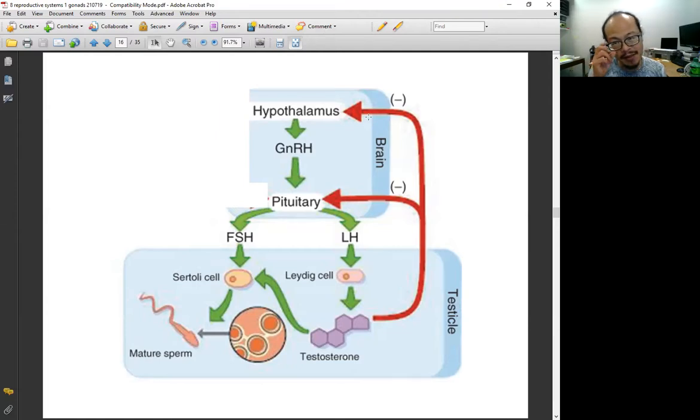We learned about that in the endocrine system, that this hormone will send a negative feedback in order to maintain a stable amount in the blood. If there's too much, it will suppress the hypothalamus and the pituitary gland to reduce the production of LH and FSH. So that's that.